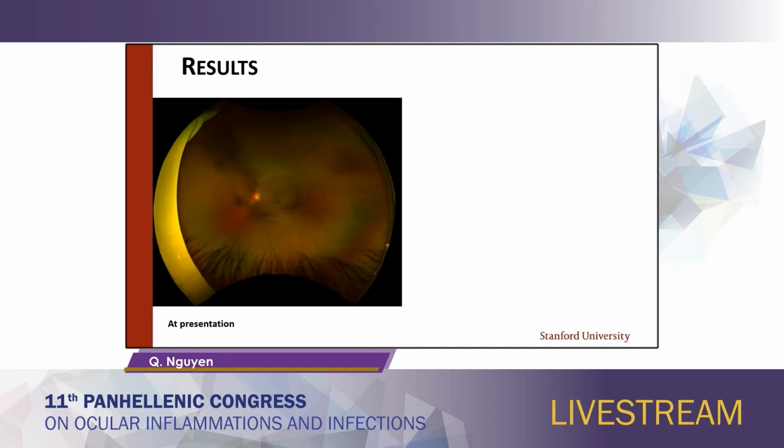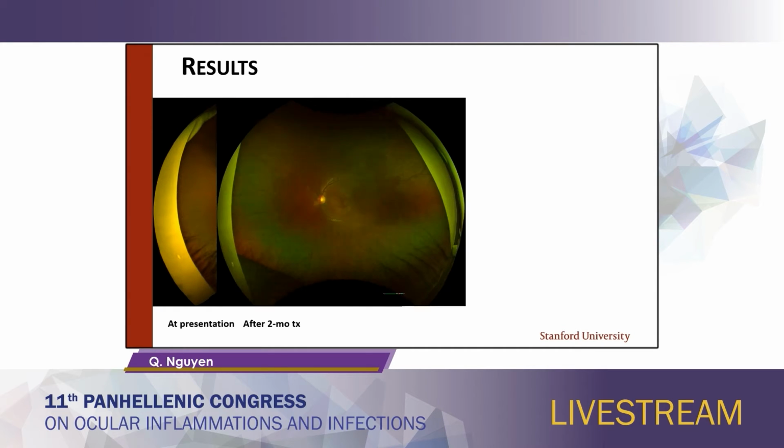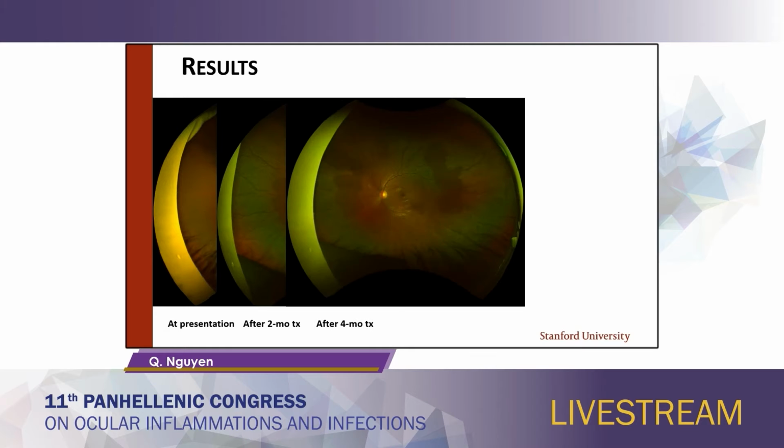At presentation, one may recall that there was vitreous haze, optic disc hyperemia, as well as vitreous debris and cellular reaction. After 2 months of treatment, they already demonstrated a good response, with tumor reduction, reduction in haze, and reduction in disc hyperemia.